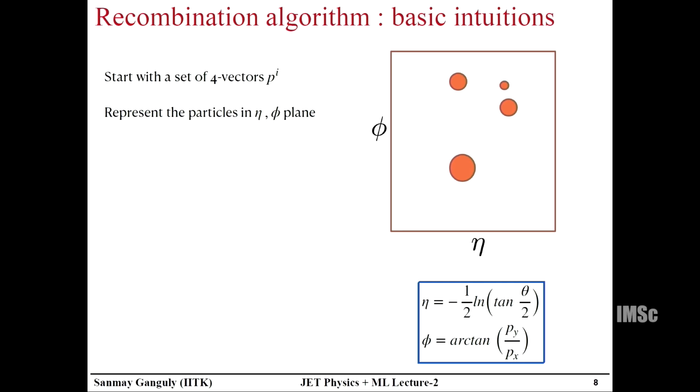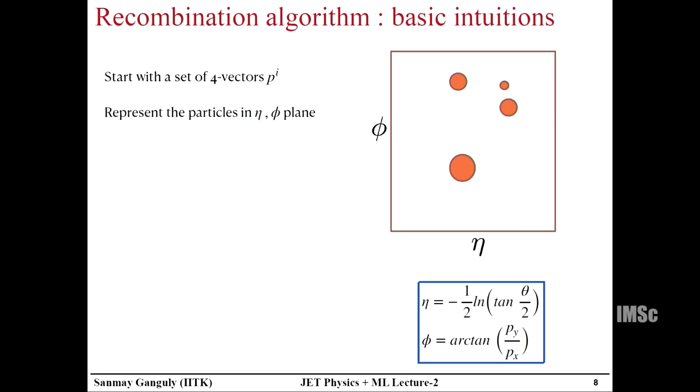Why do we use those quantities in lab-based experiments? Because if you have 2 particles with eta values eta 1 and eta 2, you can compute a delta eta, which is eta 1 minus eta 2. Also you can have a delta phi, which is phi 1 minus phi 2. These delta eta and delta phi quantities are invariant under longitudinal boost.